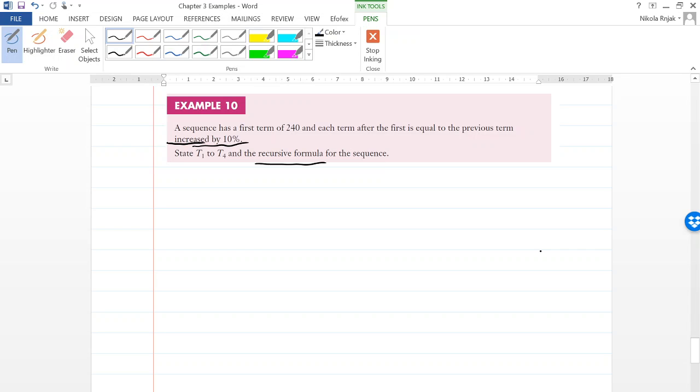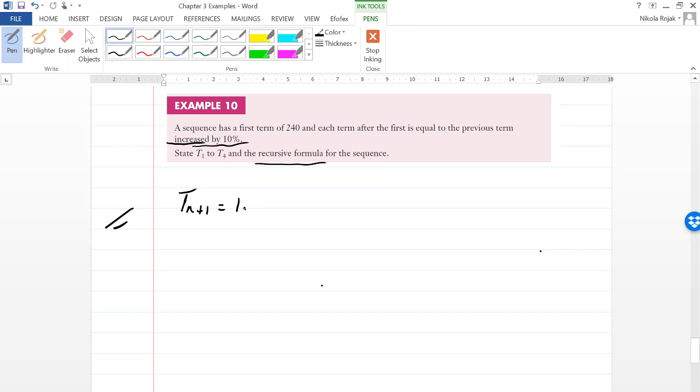All right, so the next term in the sequence, t of n plus 1, is going to be equal to the current term multiplied by 110%, or in other words, multiplied by 1.1.